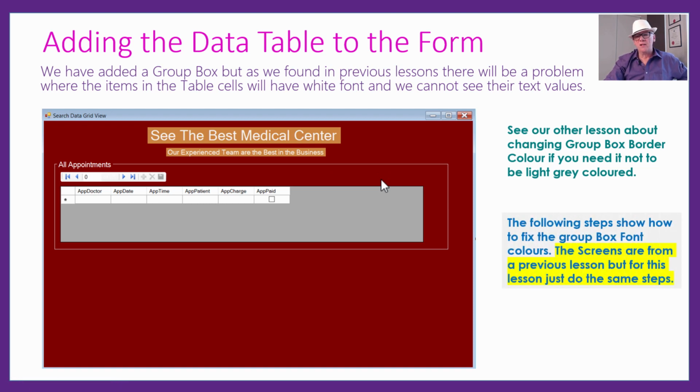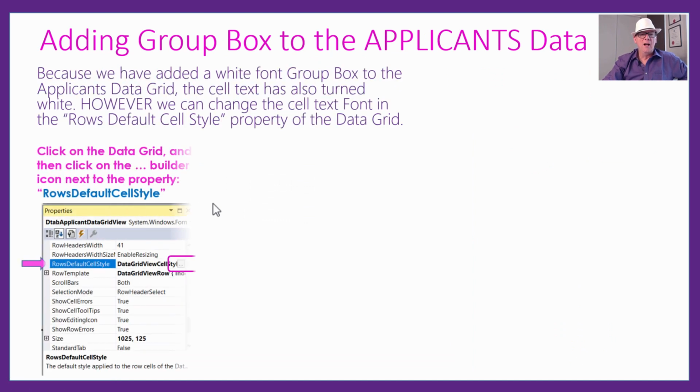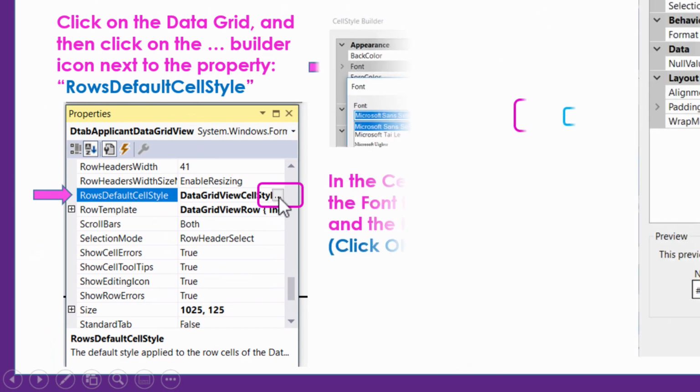Now the following steps are going to show how to change these font colors so we don't have this white writing on white background problem later on when we're reading the file. And this is from a previous lesson. So what you need to do is on that data grid view, make sure you've clicked on it, and there's a rows default style property, and we need to click on the 3 dots there for the builder.